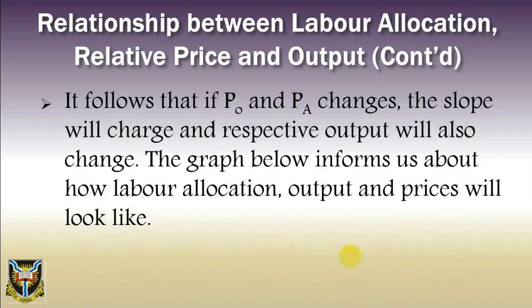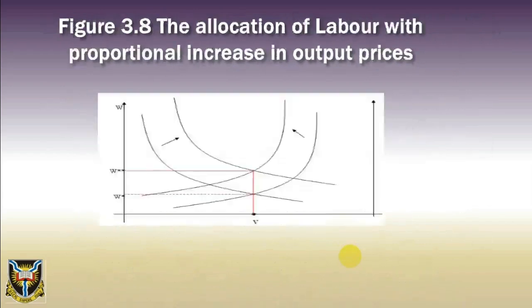Note that the way output changes depends on whether the changes in prices of oil and agriculture are the same or differ. Let us assume that the price of oil and agriculture each rises by 5%. Proportionate increase in price. The graph below informs us about how labor allocation, output, and prices would look.